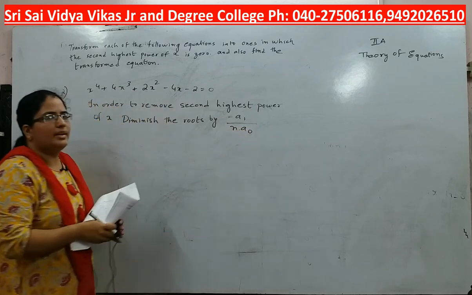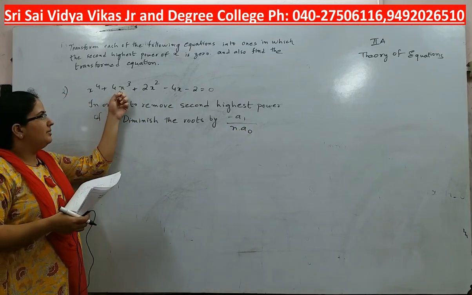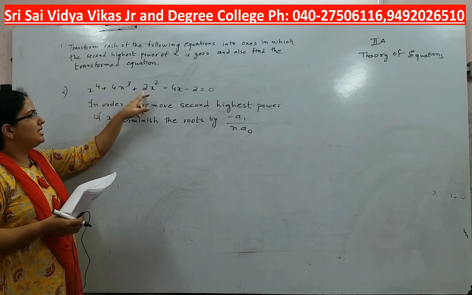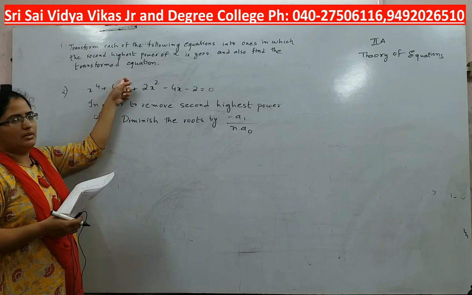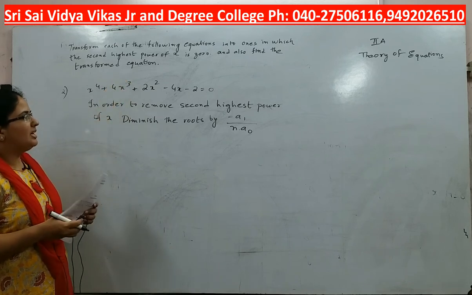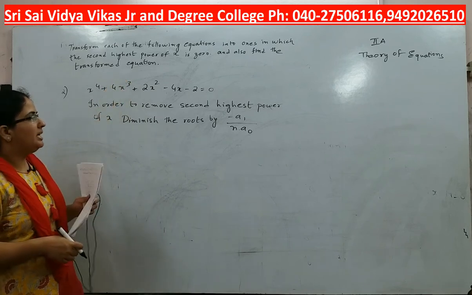Here we are trying to remove the cubic term. We need x power 4, x square, 4x and 2, but we need to remove the cubic term here. So for that you have to diminish the roots by minus a1 by n into a0.